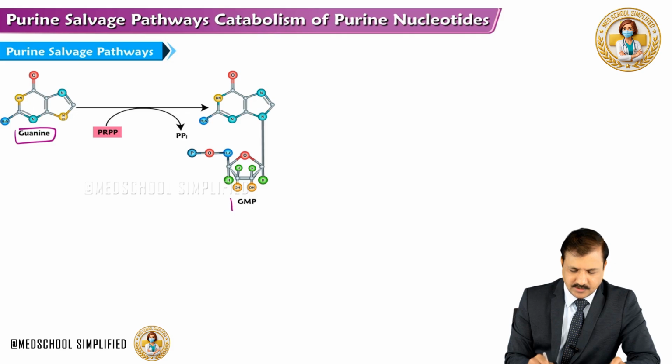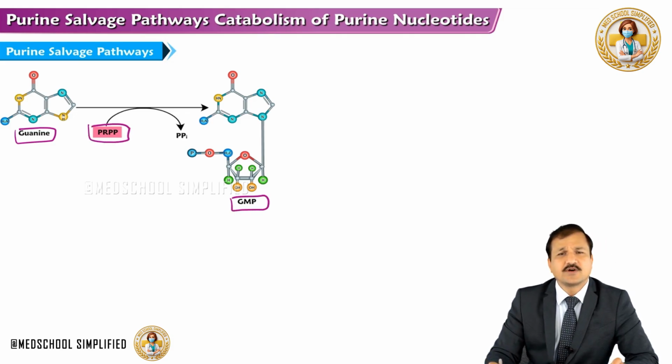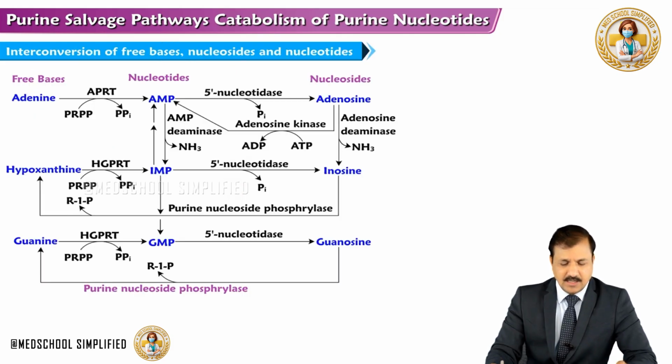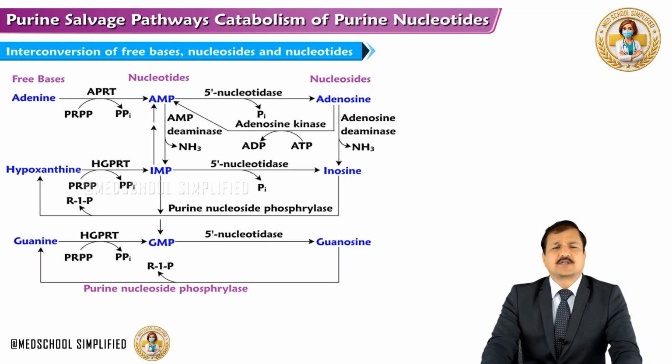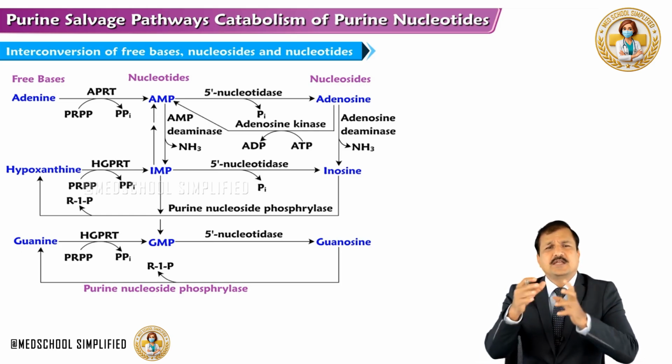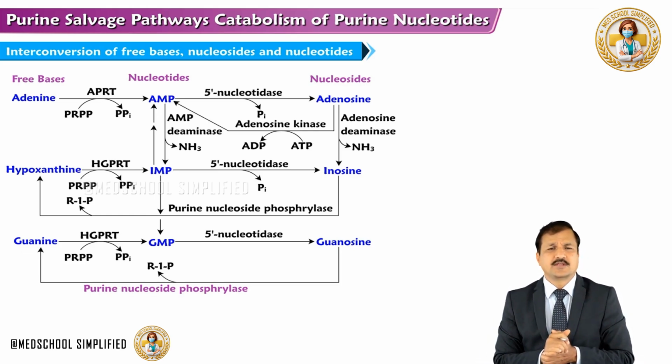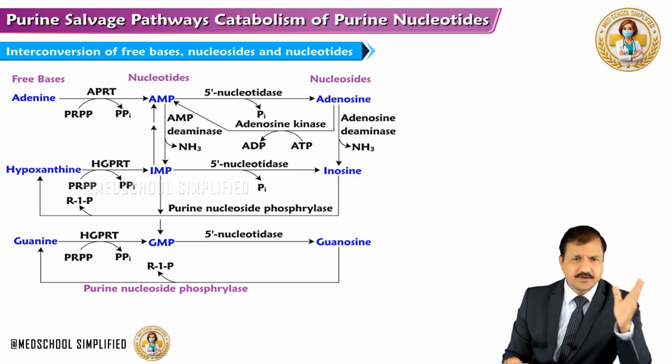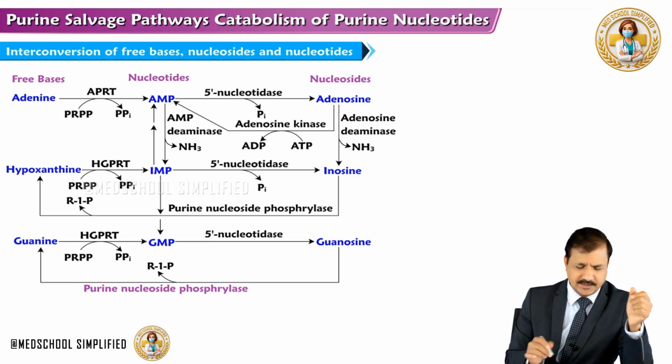Guanine is converted into guanosine monophosphate, while PRPP is the sugar phosphate donor there. Coming to degradation of some of the free purine bases or nucleotides, basically, there is an interconversion going on in this particular reaction. So, the left half of the pathway I have already explained to you.